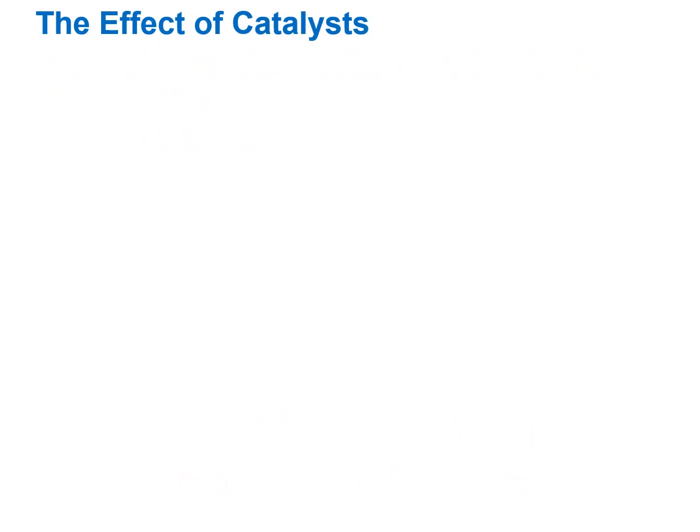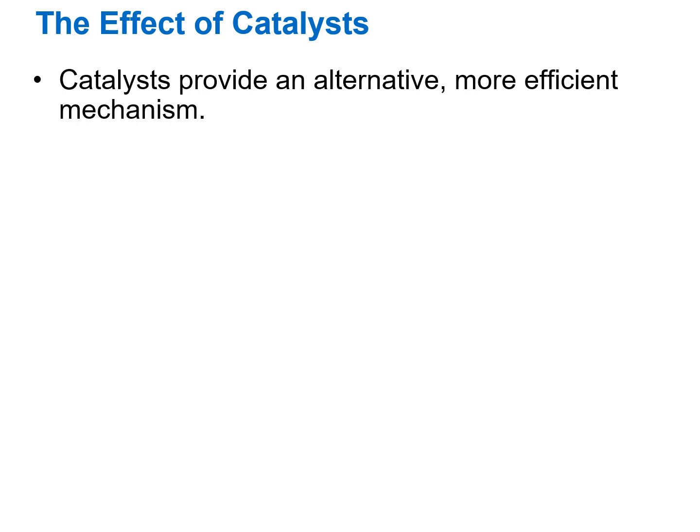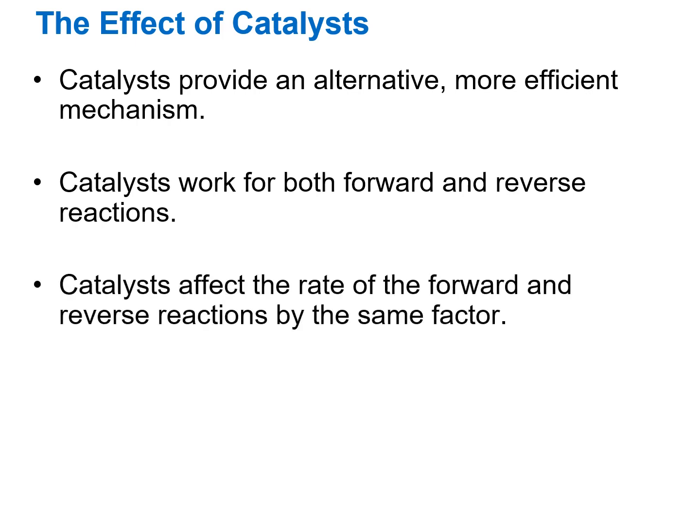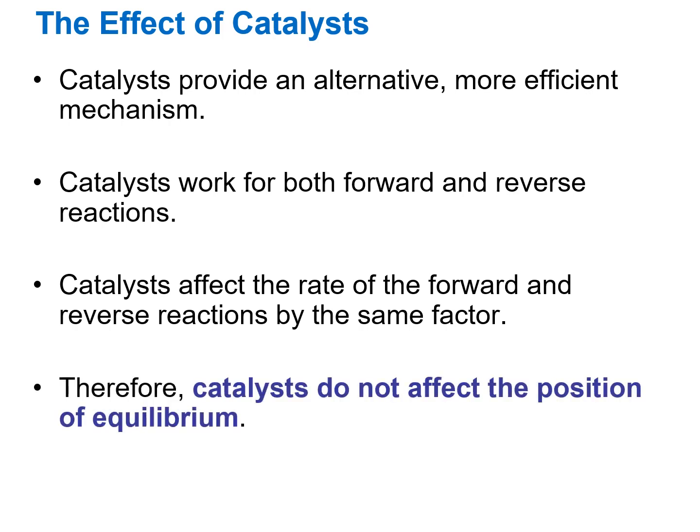Now, we've talked a little bit about catalysts. What is the effect of a catalyst on equilibrium? Well, catalysts are going to provide an alternative, more efficient mechanism, and they're going to work in both forward and reverse reactions. Catalysts affect only the rate at which the reaction occurs, and therefore catalysts do not affect the position of the equilibrium.